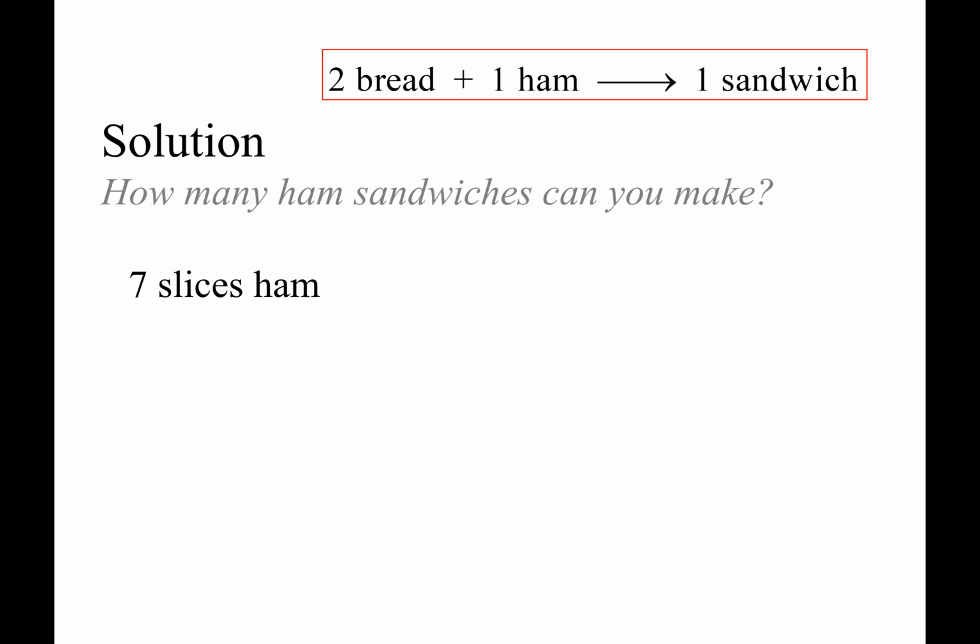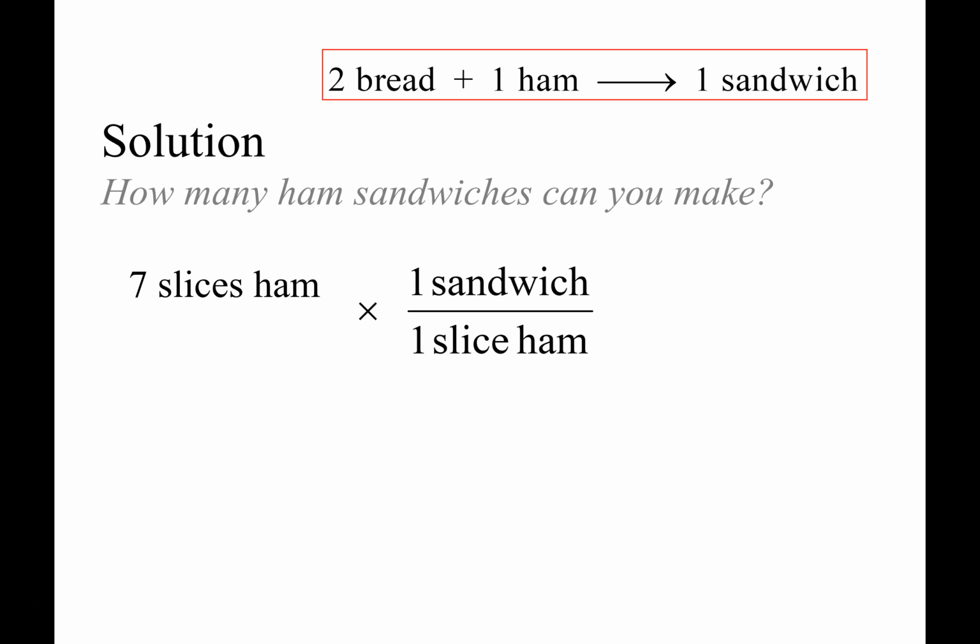So let's use stoichiometry, factor label, to see what this looks like. Once I identify the limiting reactant, which is the ham, I can do my stoichiometric calculations. I take my 7 slices of ham.